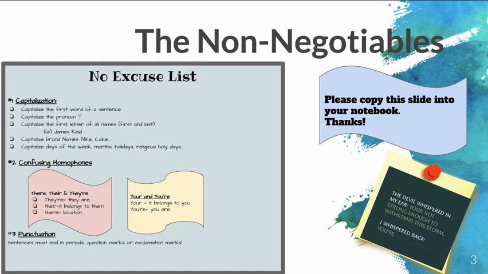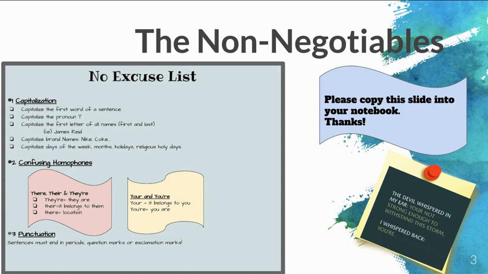Your, Y-O-U-R, means it belongs to you. So that can be a possessive pronoun, if you use yours, Y-O-U-R-S, or it is a possessive adjective where it's your book, Y-O-U-R, book. Now, you don't need to remember that it's a possessive adjective or a possessive pronoun. It can be both.